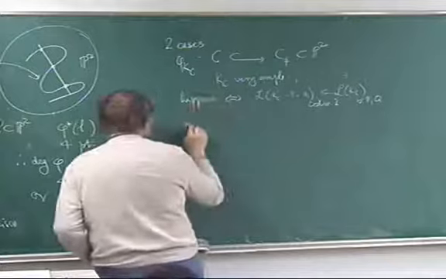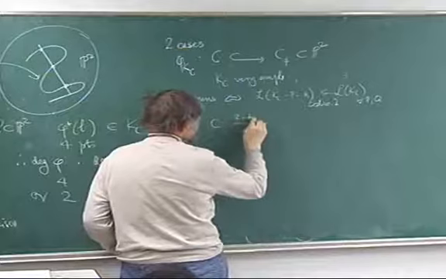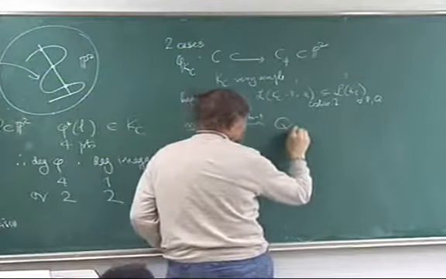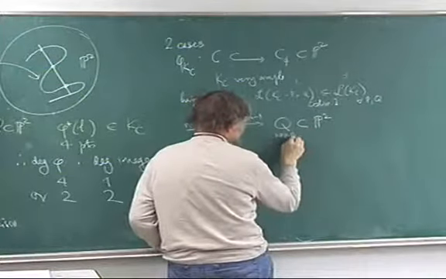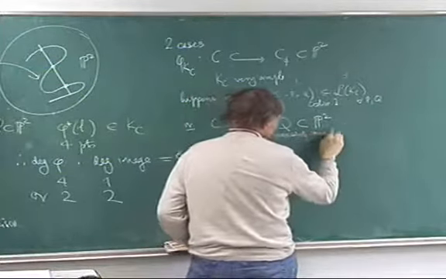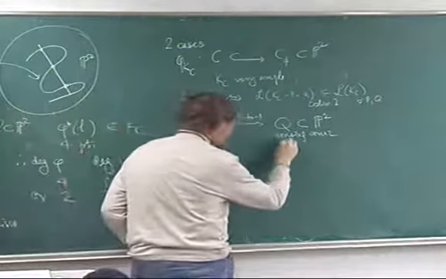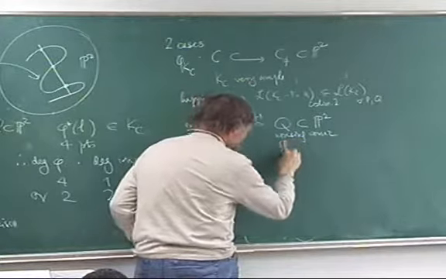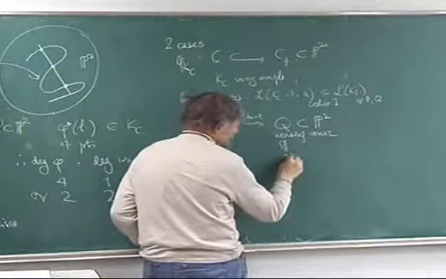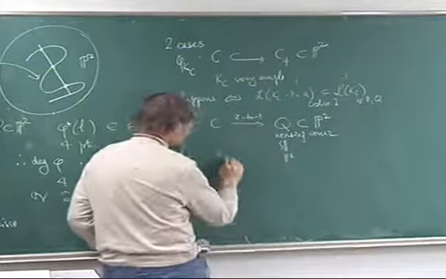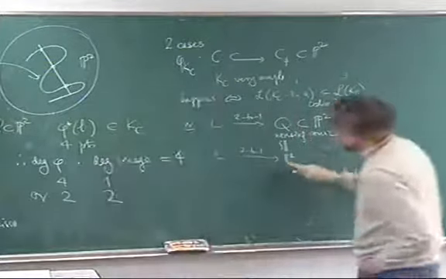Or C is 2 to 1 to a quadric curve, a conic curve in P2. So this is a non-singular conic. In this case, as we know, I think from my first lecture last term, the conic is isomorphic to P1. Right, so this is a map C, 2 to 1 to P1, and then the P1 is embedded.